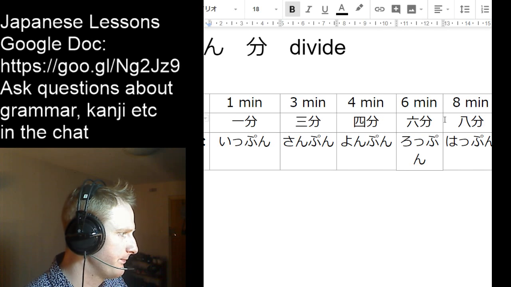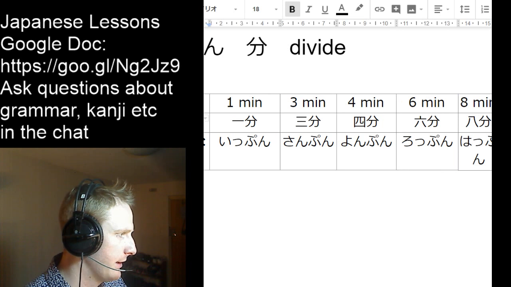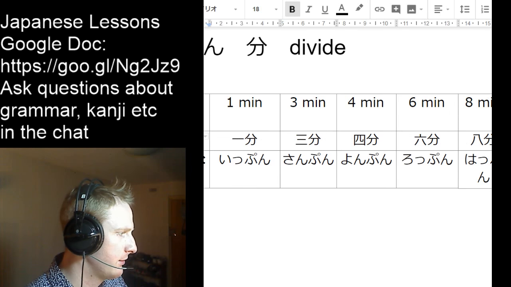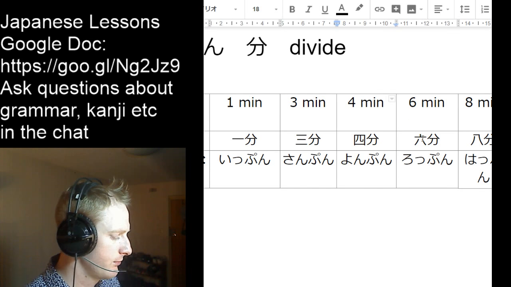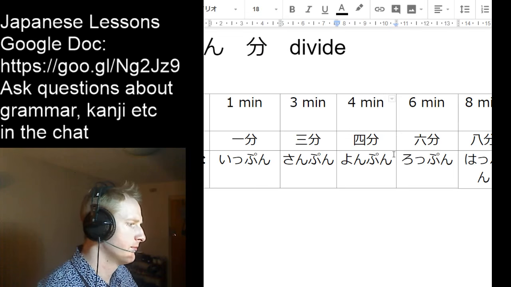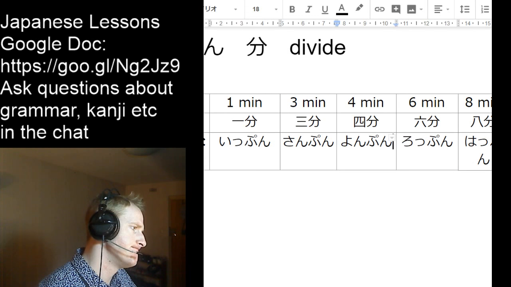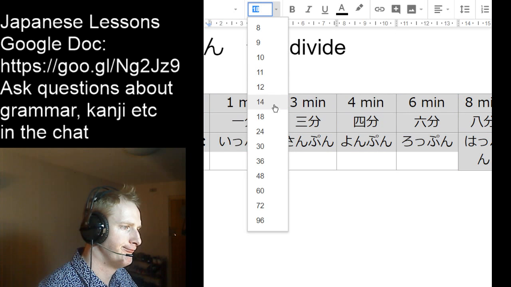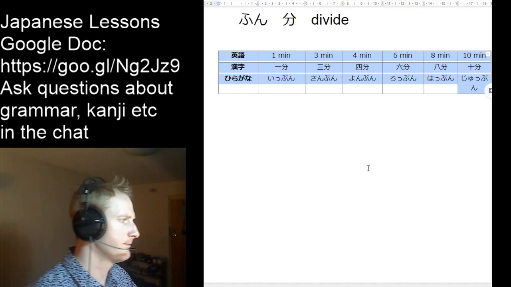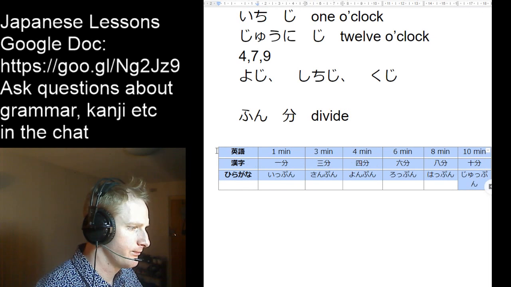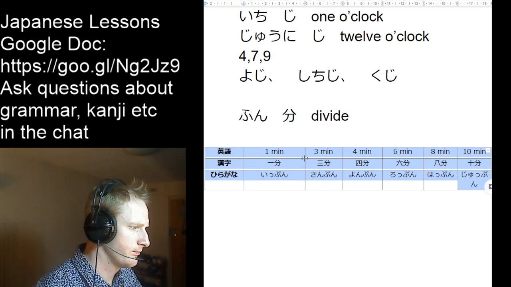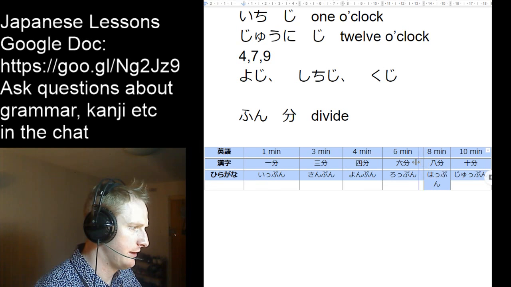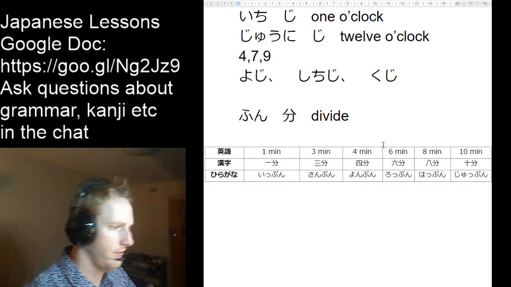Not ideal. Let's work out a better way to display this. Gotta be smaller, I guess. Anyway, you get the general idea. There we go. Finally.